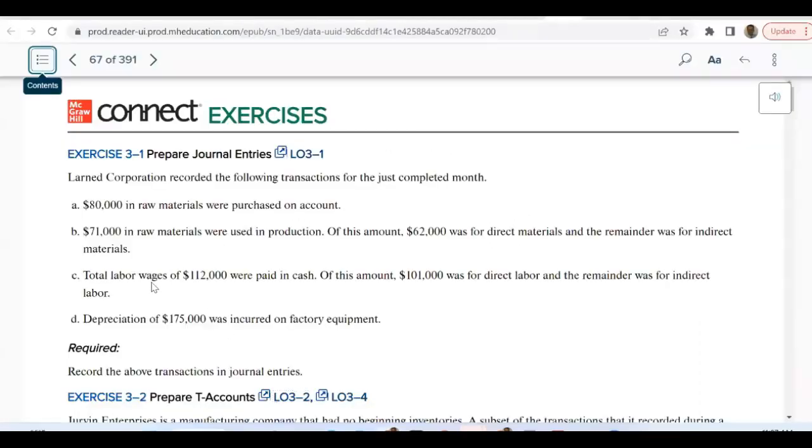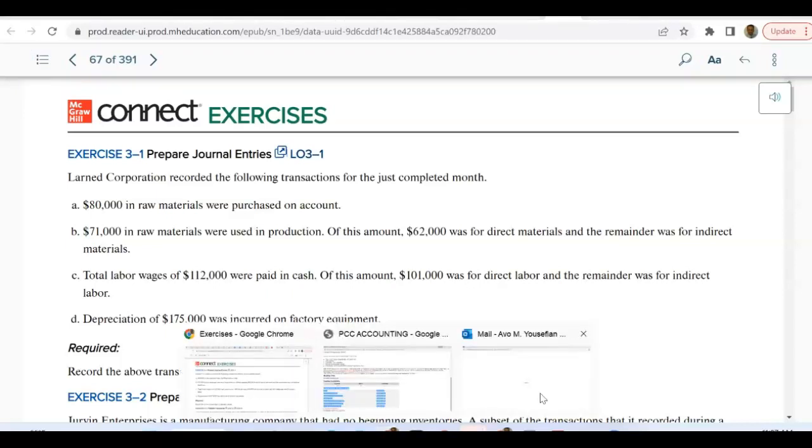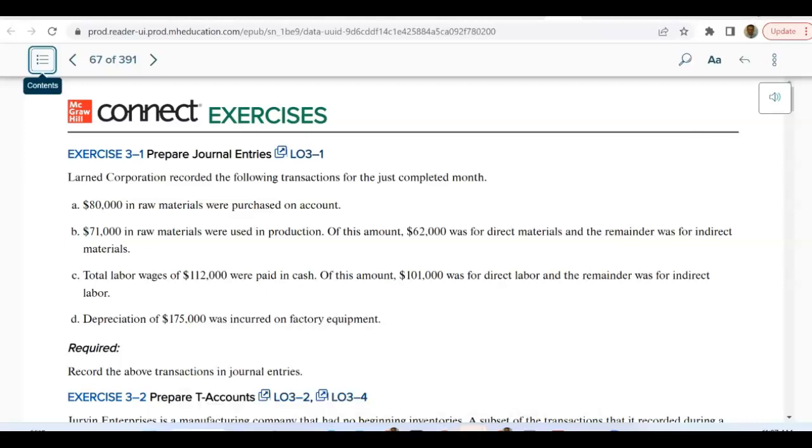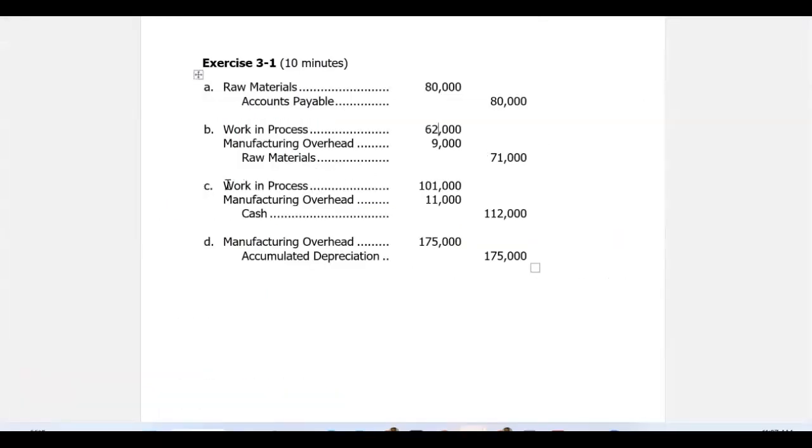Then it says the labor wages of $112,000 were paid in cash. Of this amount, $101,000 was for direct labor and the remainder was for indirect labor. So $101,000 of wages has been paid for direct labor who did the production.